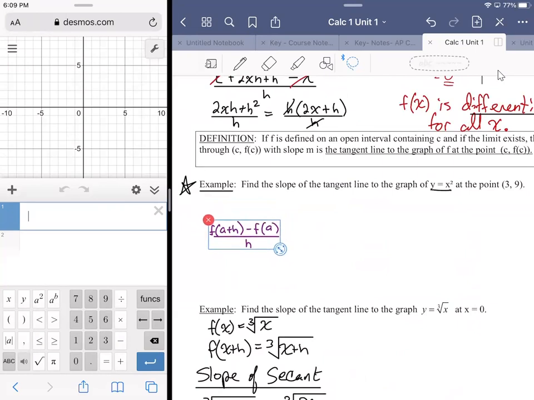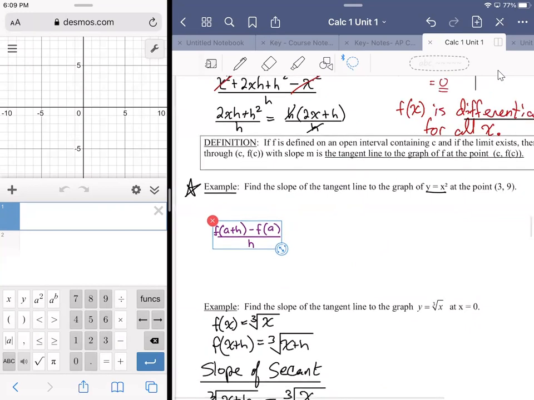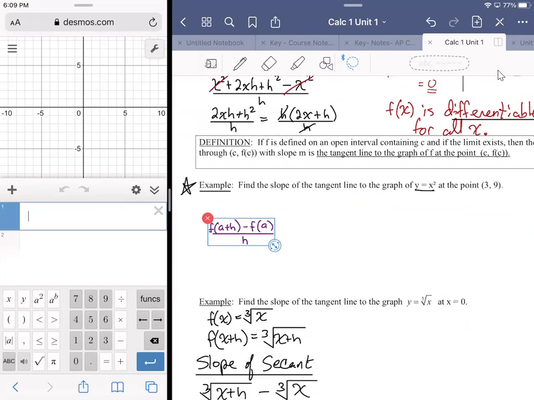So the difference here is that normally it would be f of x plus h minus f of x all over h. But since we are given a point, it's a solid point, we have the choice. We can find the derivative in terms of x and then replace it later on with whatever the a value is, or we could leave it in terms of a straight away and go from there. All right.